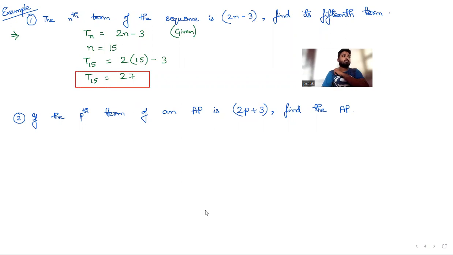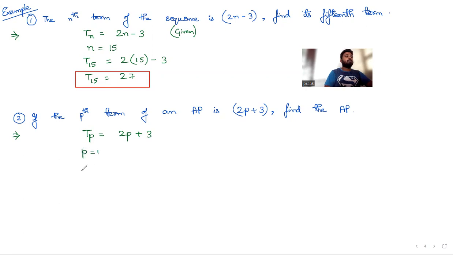Now in this question, the pth term of an AP is given by, so pth term, you can assume that to be the nth term for your understanding. Find the AP. So Tp is being given to you, because we'll prefer writing as per the question itself. That is nothing but 2p plus 3. Now when I have to find this, I'll substitute p equals 1.